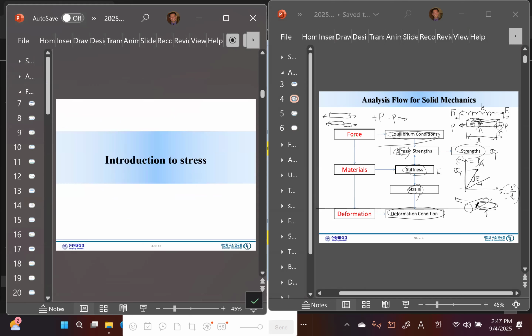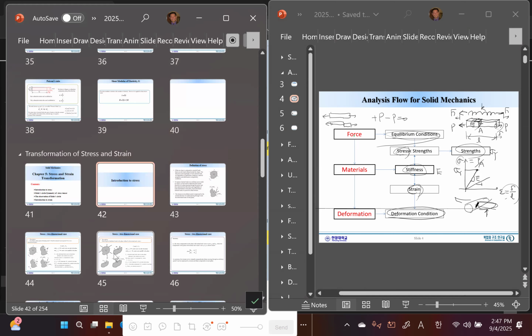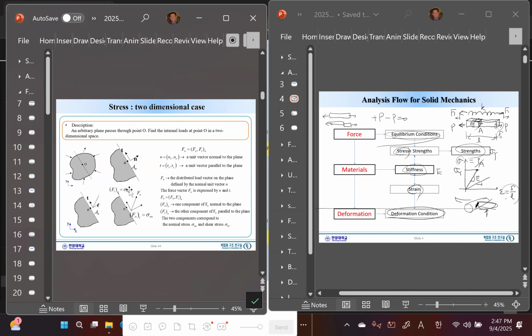Now, as you can see, stress here. Okay, stress here. And then, while inside the material, let's say there is something going on at the point O, to describe what is going on inside O, how can we look inside?